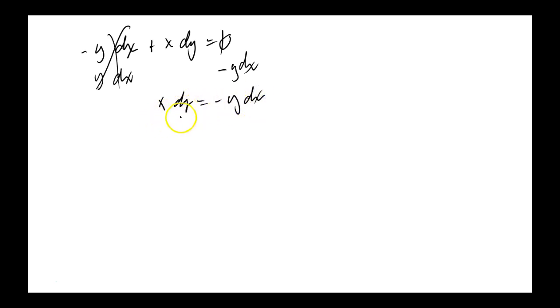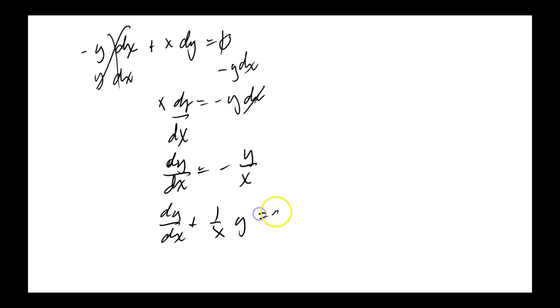Then you would not write that in differential form, put it over dx, and divide by x. dy/dx is equal to minus y over x, which you could write this way, dy/dx plus (1/x)y is equal to 0. That's linear form, right?